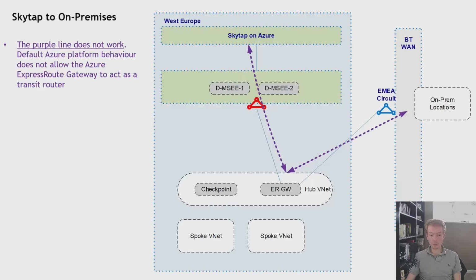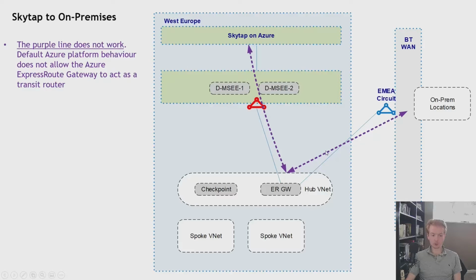If we think about how to connect an on-premises environment into Skytap, this is where we need to think a bit more deeply about how this works. So in this diagram, we see the customer's ExpressRoute gateway in the VNet connected to Skytap on the red circuit. And we see the customer's ExpressRoute gateway connected to their on-prem network via the blue circuit.